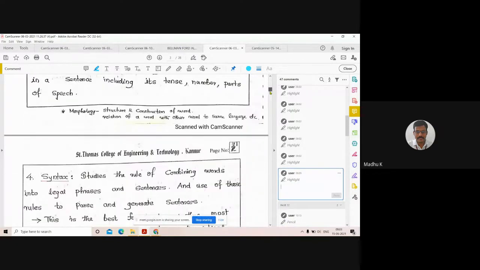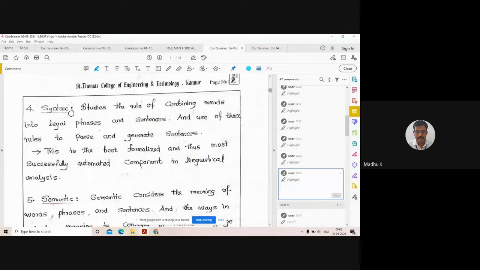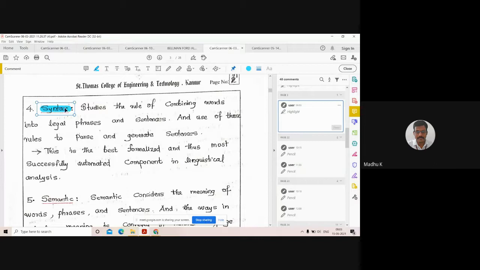And next is syntax. You already know what syntax analysis is. In this module, we studied probabilistic context-free grammar and lexicalized context-free grammar. So, what does syntax mean? It deals with the syntax of the sentence. Every language has its own syntax.